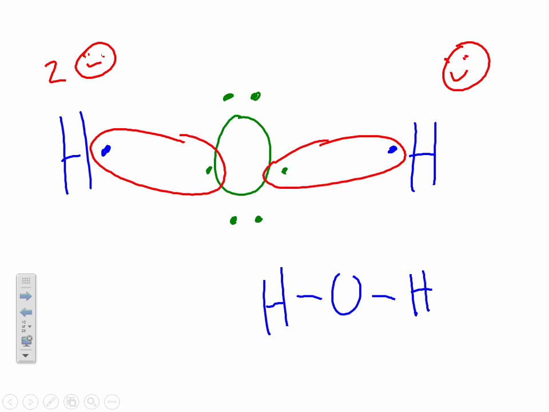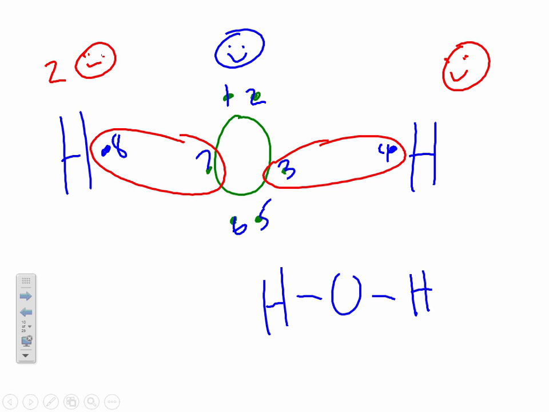So if we look at oxygen, I know we looked at both hydrogens. So if we look at oxygen, how many total electrons does oxygen have? 1, 2, 3, 4, 5, 6, 7, 8. Oxygen has 8 in its outer shell. Yay, oxygen's happy. So that is kind of how it works. You're going to share electrons.